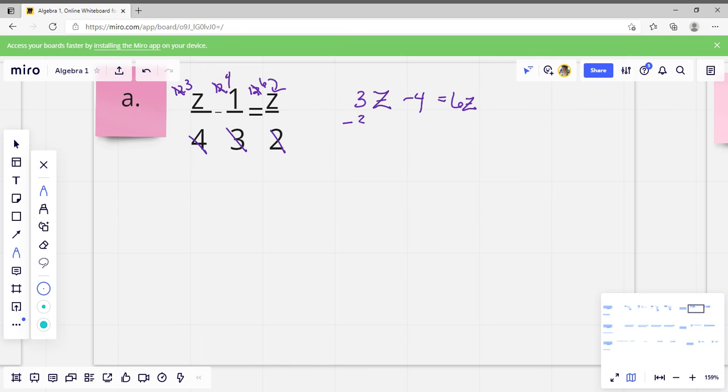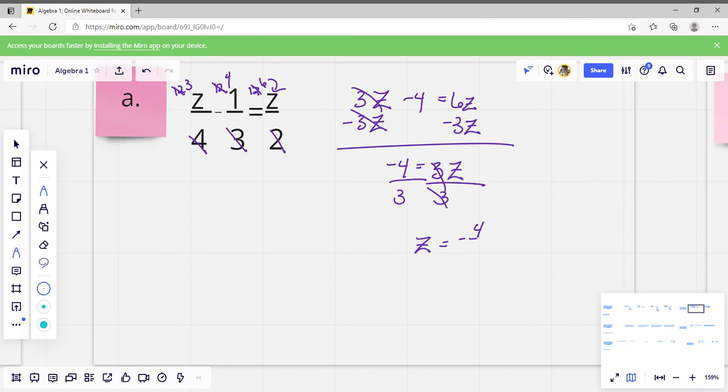Now we're going to get rid of this. We get negative 4 equals 6 minus 3 would be 3z. And then we just divide by 3. So that z equals negative 4 over 3. There's A.